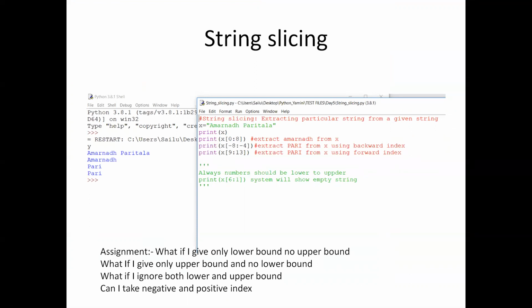Will the system entertain it? No. Sorry, the system will respond with an empty string. It will not show anything, no outcome. It's just an empty string. So try to give the index numbers from lower to upper, smaller to larger number. Any questions?